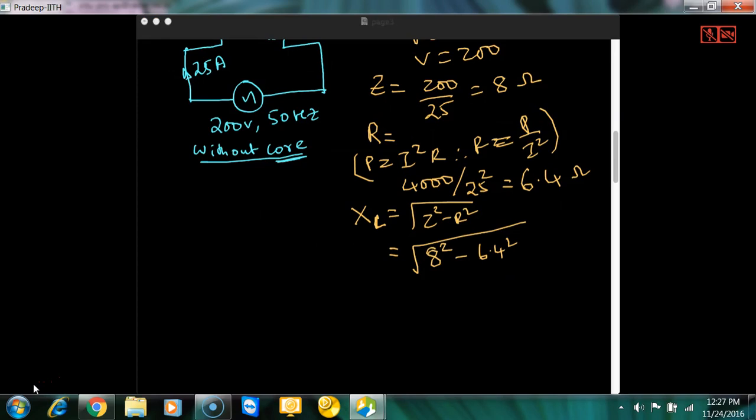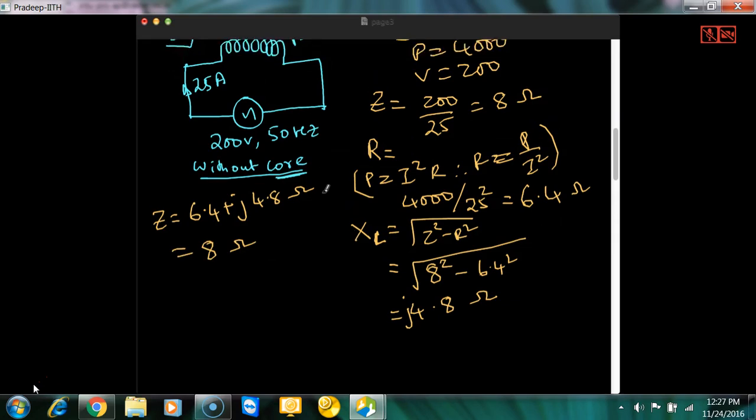So again I am using my calculator, but I am not showing that to you. So 4.8 is the inductance. So this is J 4.8. So total impedance is 6.4 plus J 4.8 ohms. So this is nothing but 8 ohms the magnitude. You can also calculate the angle for this impedance. So this all is a case where there is no core.